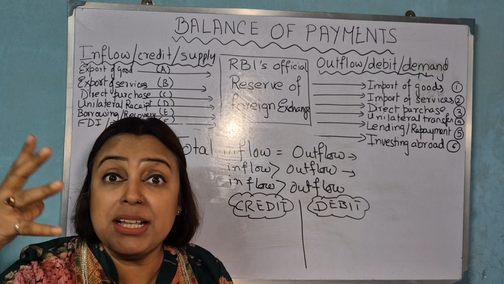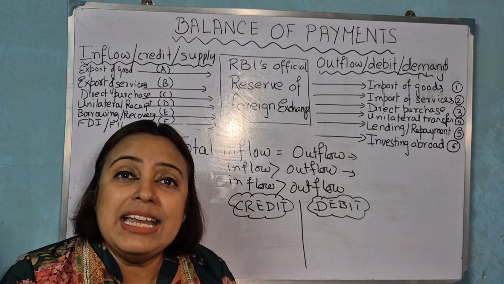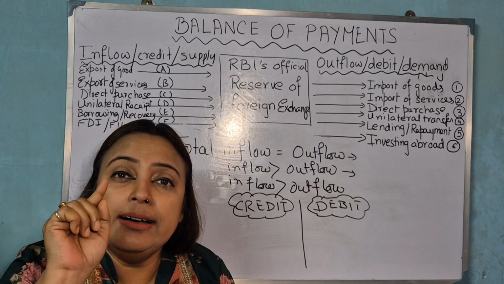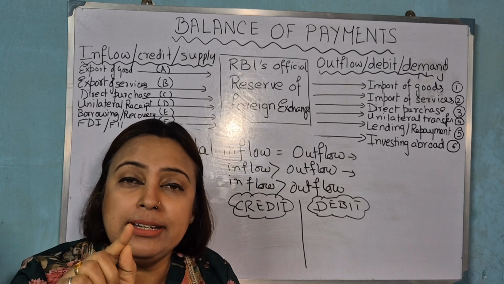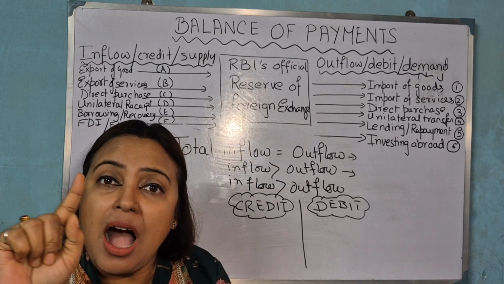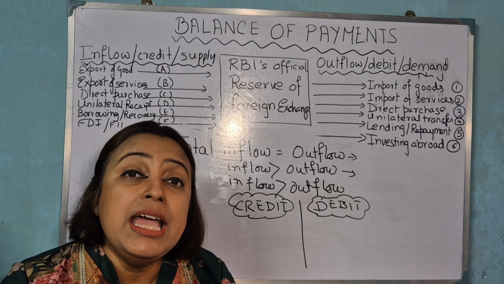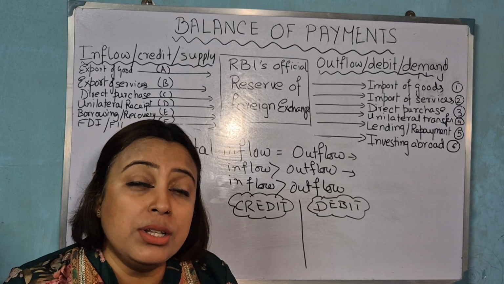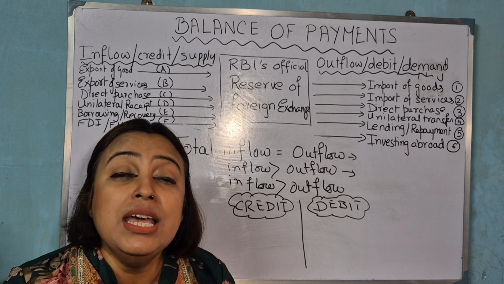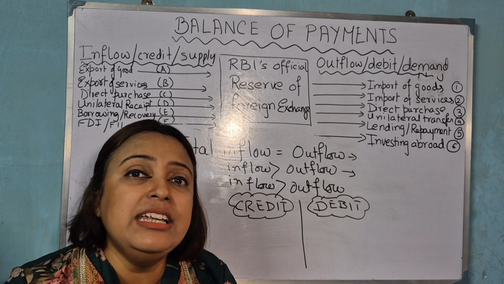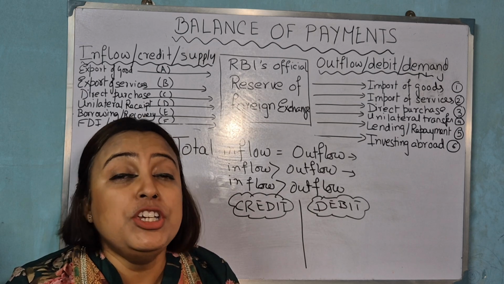As a result, the surplus foreign currency is ultimately moving out of the official reserve in terms of lending out, hence this surplus situation of BOP is shown by a negative sign in the official reserve account.